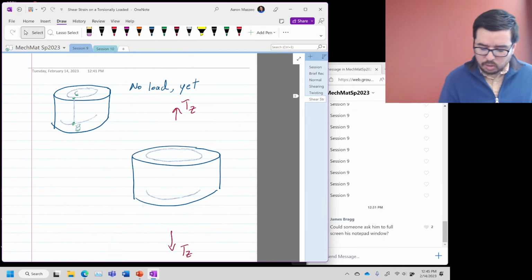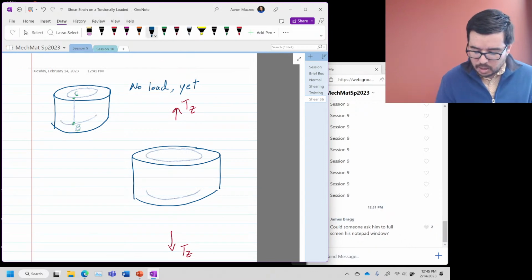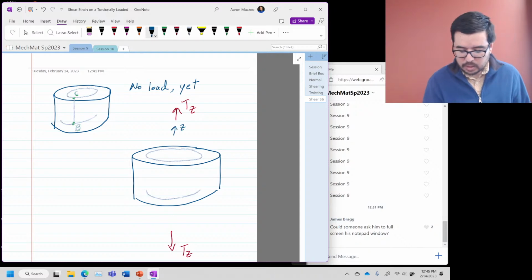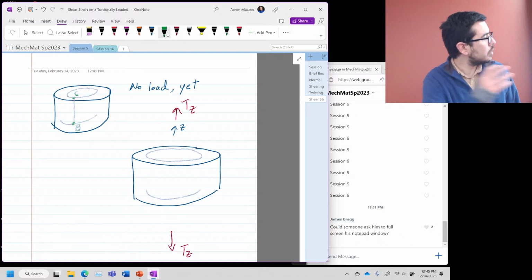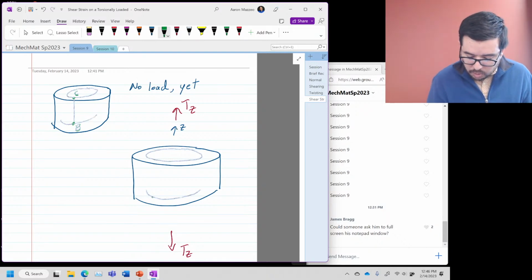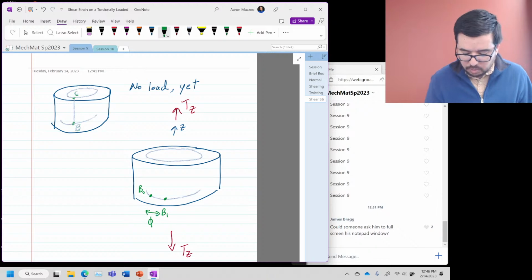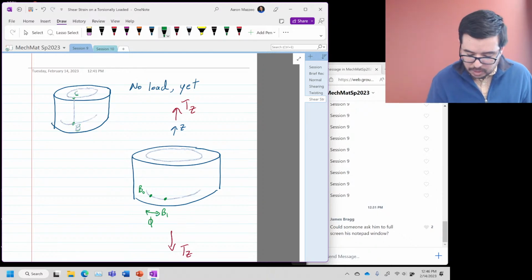So here, if this is at some section taken from that shaft, B, maybe it was over here originally. So B naught was over here. Now B1 is over here. Okay? And it's shifted by an amount phi. And similarly, C naught was over here.